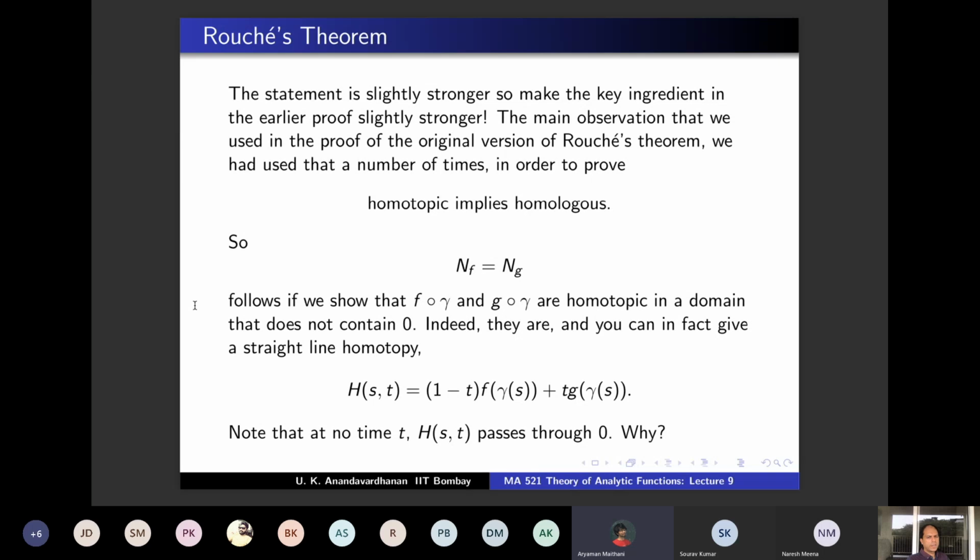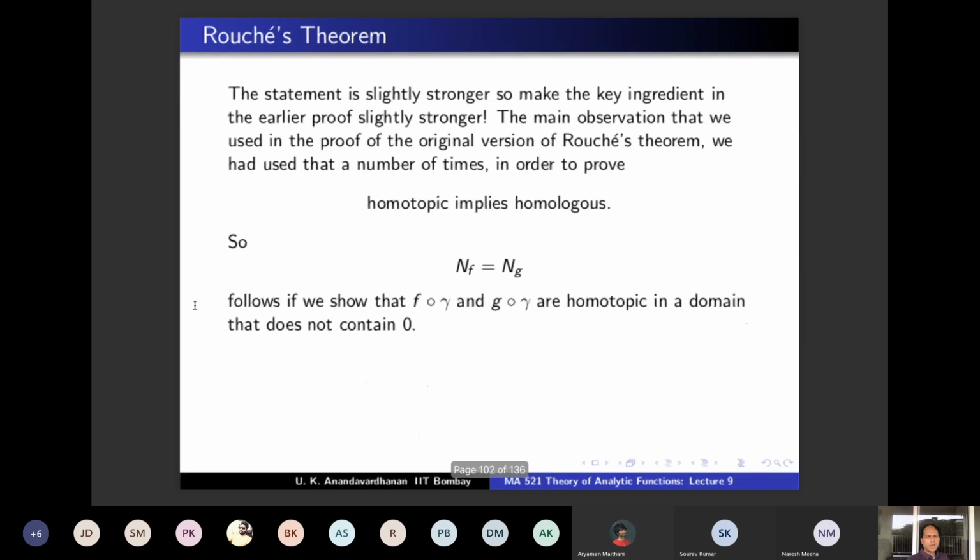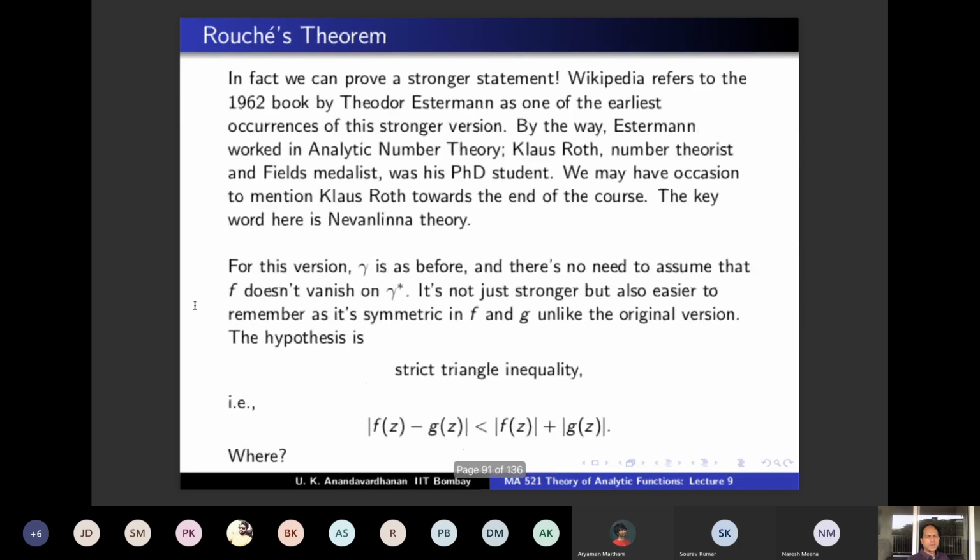It will get violated. So if it passes through 0, then you will get (1 minus t) F equal to minus t G. So you will get F equal to minus t by (1 minus t) times G, and F is a negative multiple of G, which is not possible under this condition.